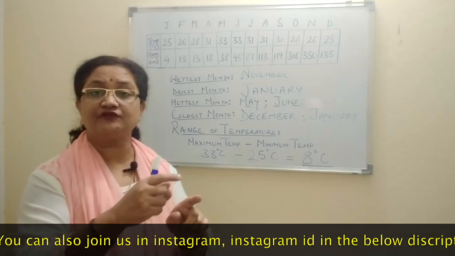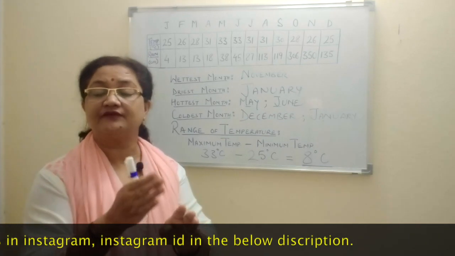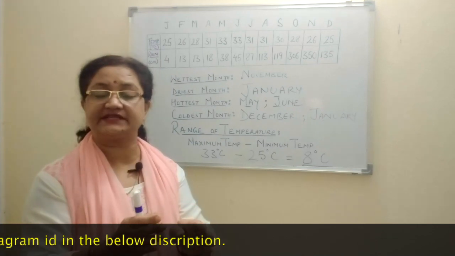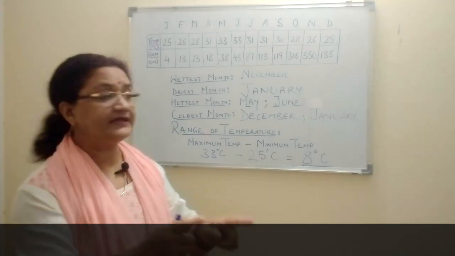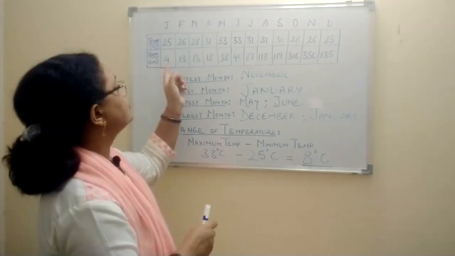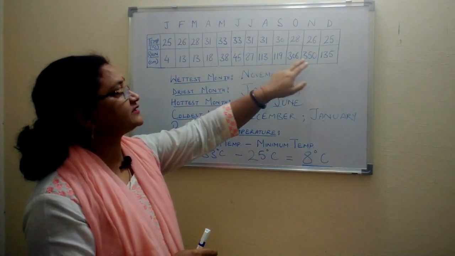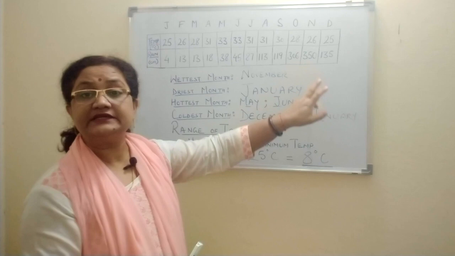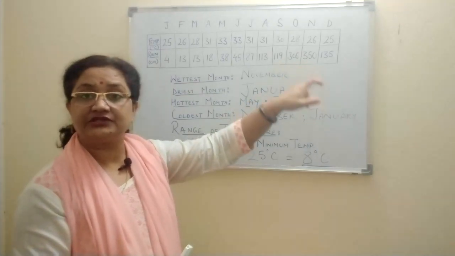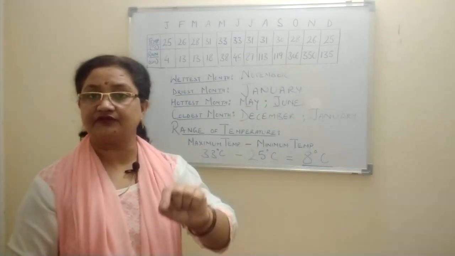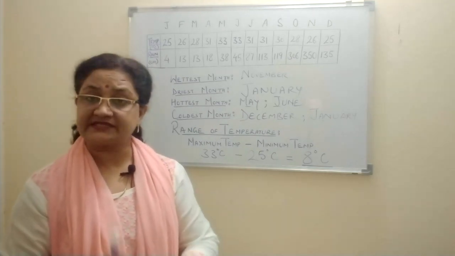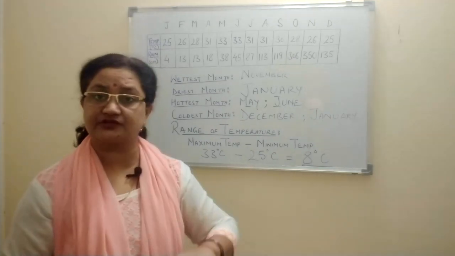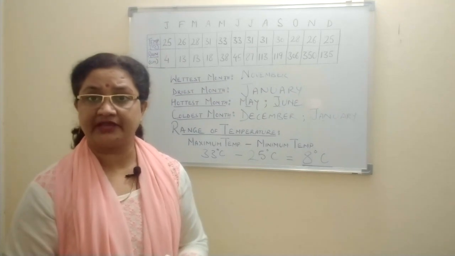In that case, you have to mention not that month, you have to mention the amount of rainfall received in the wettest month. Okay, so in that case, suppose in rainfall, maximum rainfall is received during November. So it is 350 centimeters is the amount of rainfall received during the wettest month. Okay, same way it may come in the case of driest month also, right?